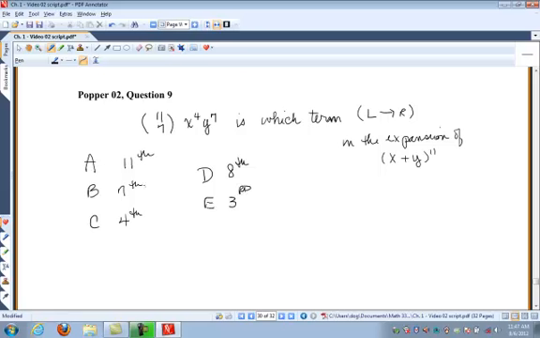Is it the 11th, the 7th, the 4th, the 8th, or the 3rd term?